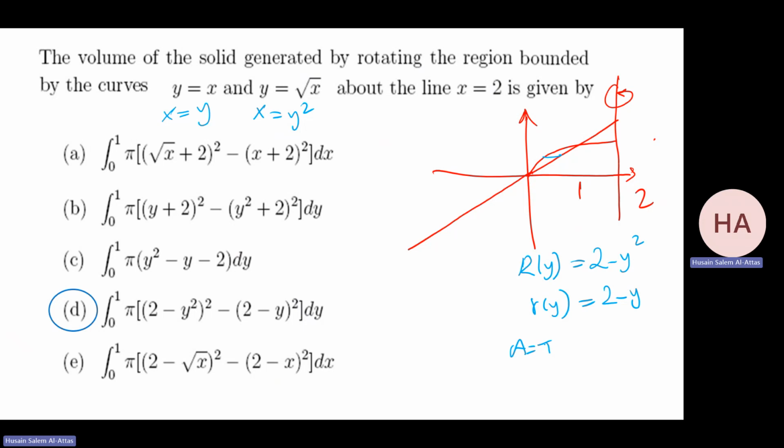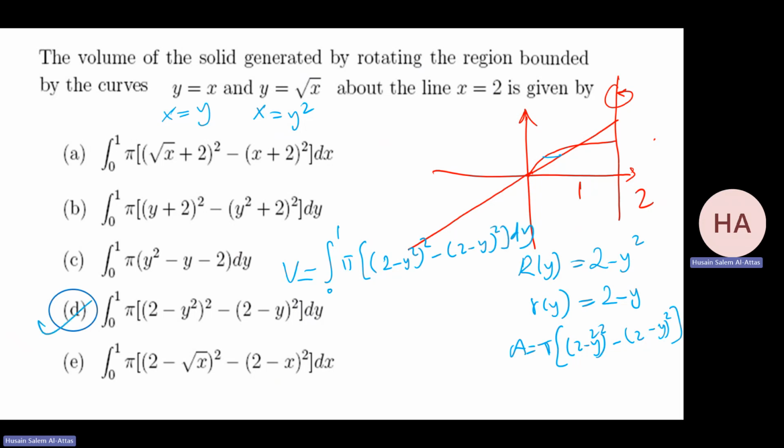So the area will be pi times (2 minus y squared) squared minus (2 minus y) squared. So the volume, from where to where? From 0 to 1, by the area, pi times (2 minus y squared) squared minus (2 minus y) squared dy.